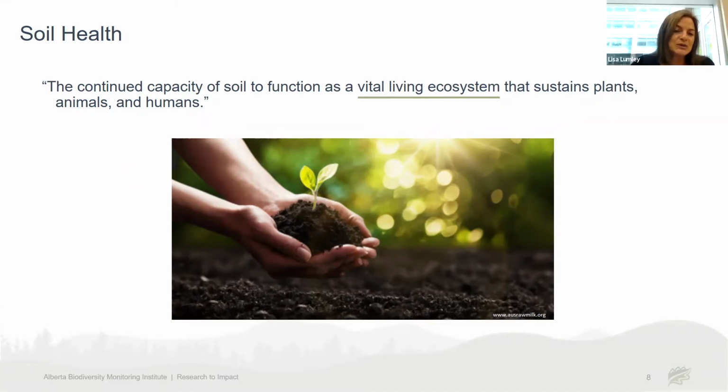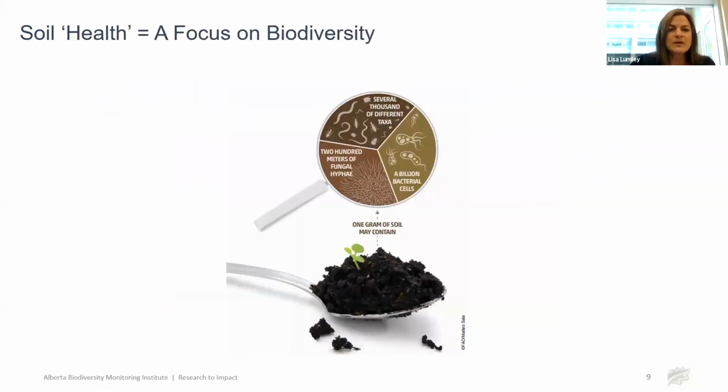There's the nutrient, or chemical, component, which includes those nutrients that sustain plant growth. But there's also a biological component, and so it's full of living organisms. So soil health needs to include that focus on biodiversity.